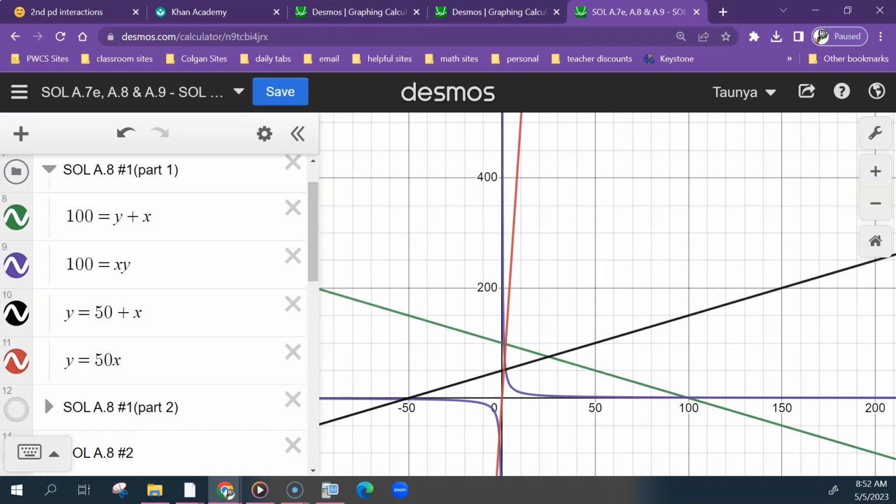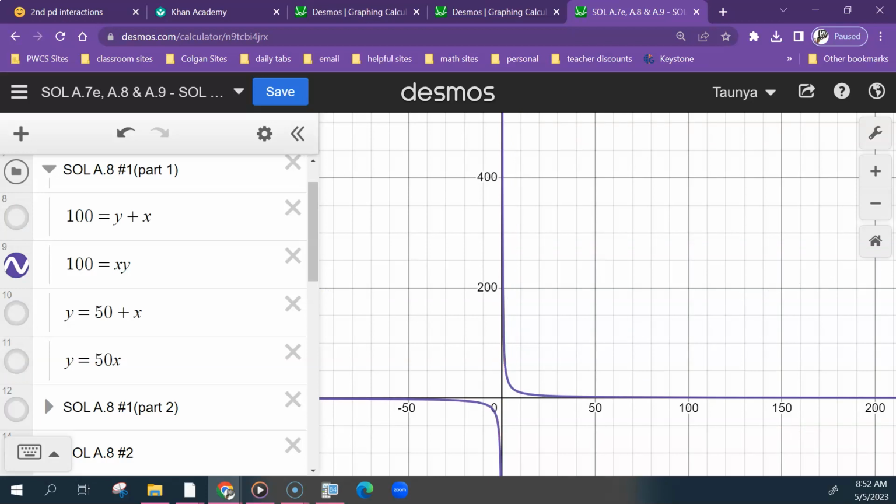The first question was asking something about inversely, and as you'll see here in a moment, inversely is the one that looks like this, which is why it was that answer.